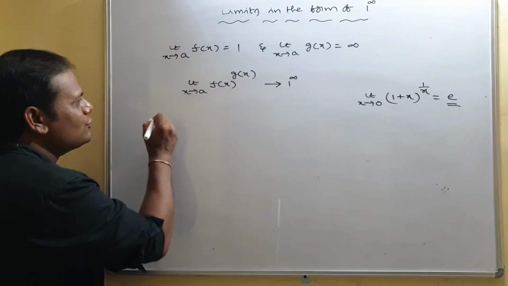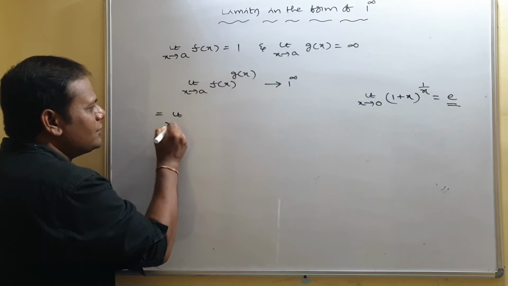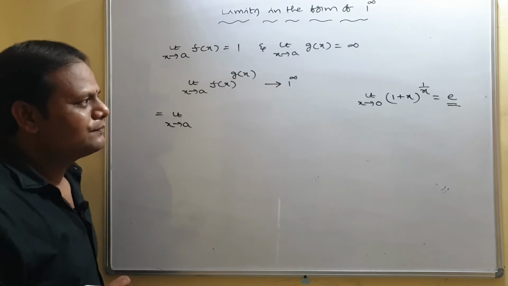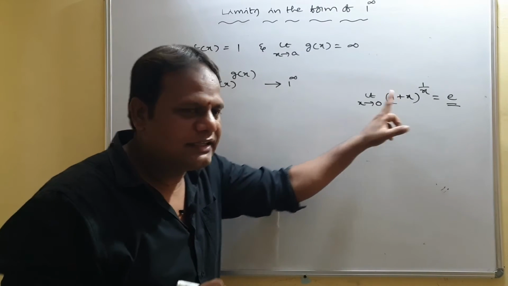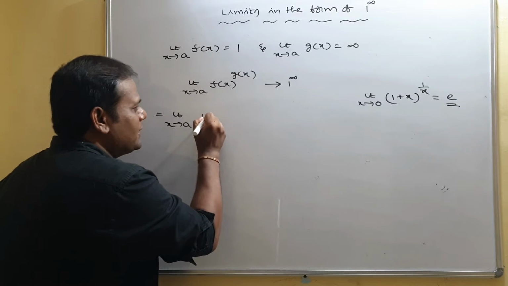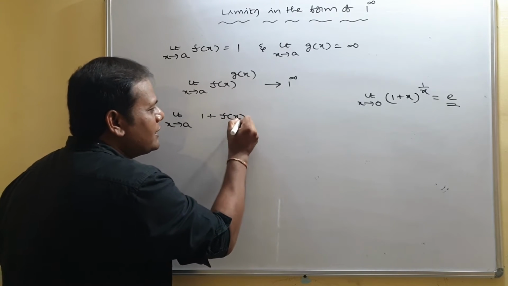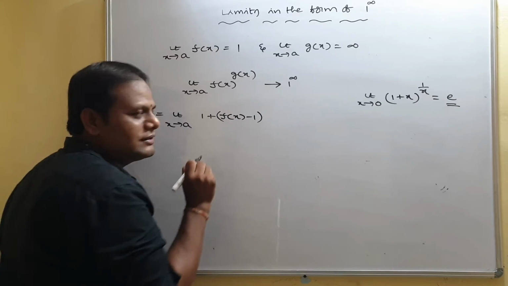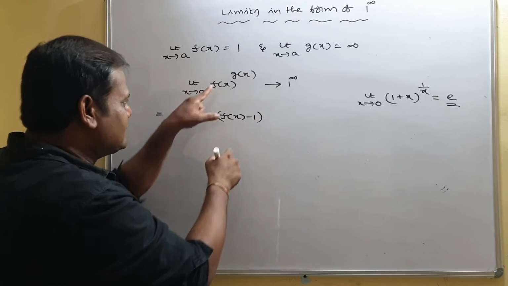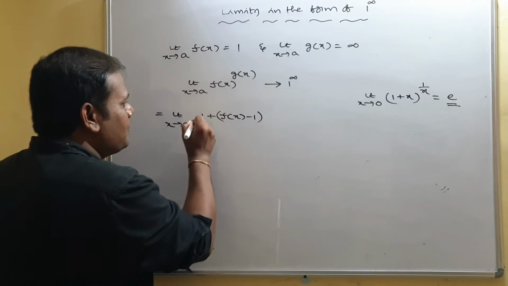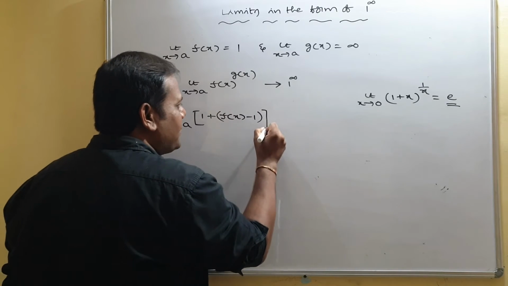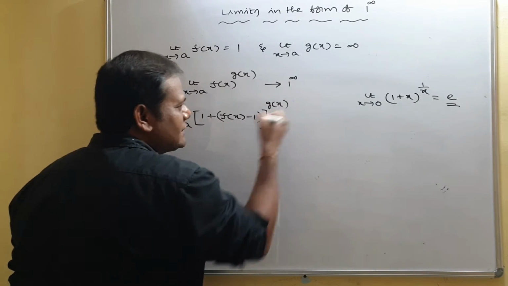Listen carefully. Here, first I want limit x tends to a, and first we want 1. So take 1 plus f of x minus 1; the 1 gets cancelled, anyhow it is f of x only. Power, we have the power g of x.